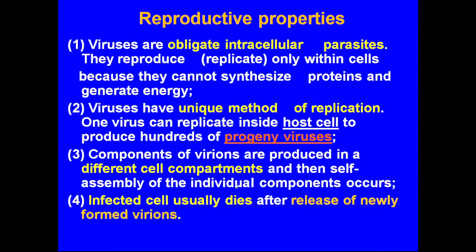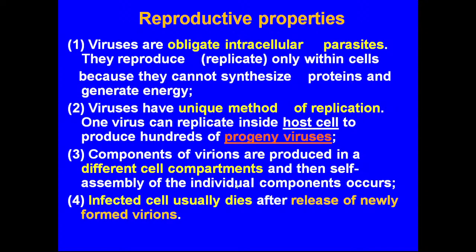Finally, infected cells usually die sooner or later after release of newly formed virions. If the cell dies immediately after the virions are released, because they really kill the cell when they are released, those viruses are considered to be cytolytic.